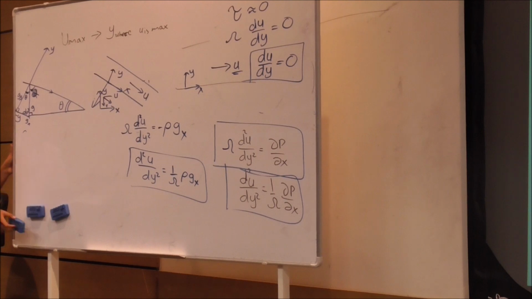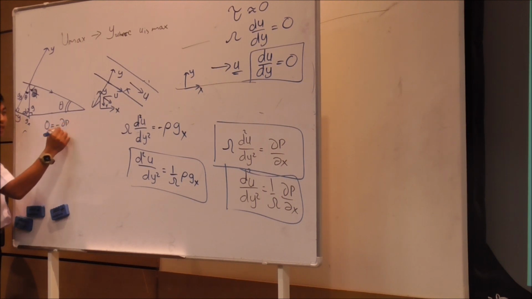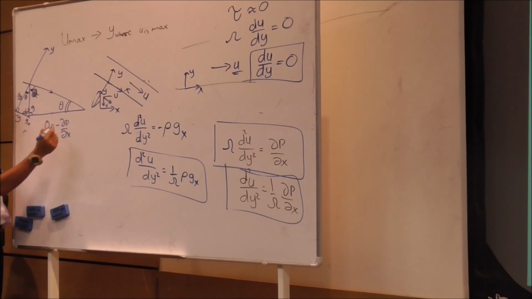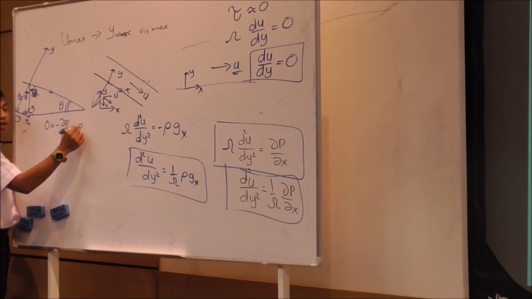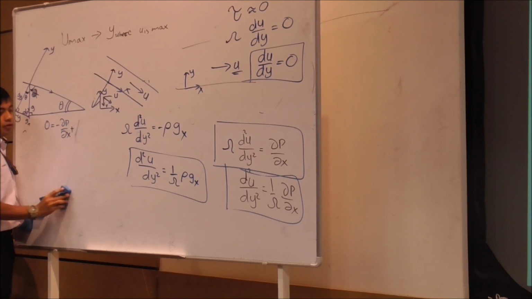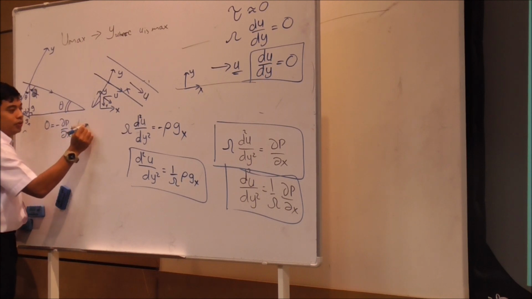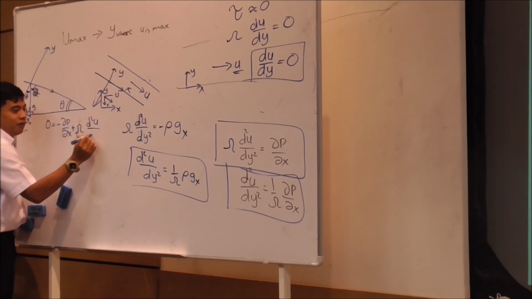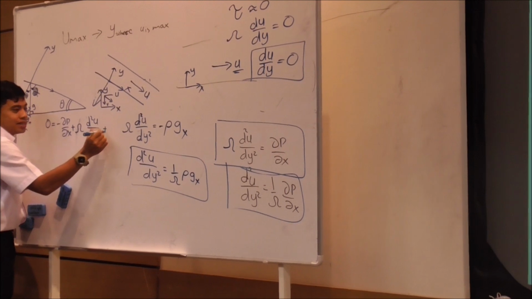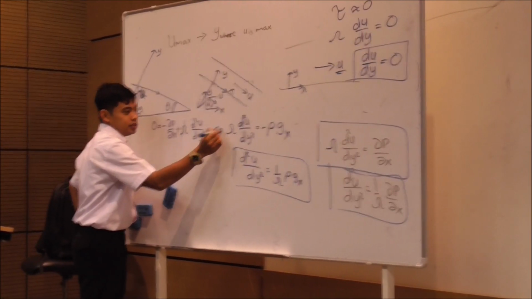If you recall in your tutorial number 2, what happens if your dp dx is not 0? When your dp dx is not 0, basically you will have 0 equal to minus dp dx plus mu d square u over dy square plus rho gx.